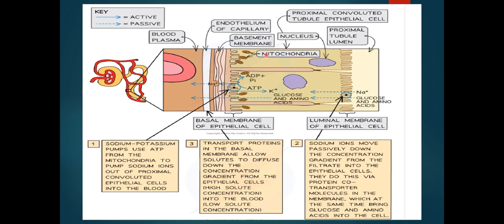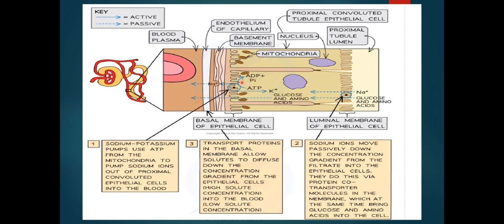Now, what is step number one that's occurring in selective reabsorption here? Step number one is the sodium that is present in these cells. These are the cells of the proximal convoluted tubule. Inside these cells, there are a lot of sodium ions. These sodium ions are pumped by the sodium potassium pump into the blood vessel. Remember that this is an active transport process.